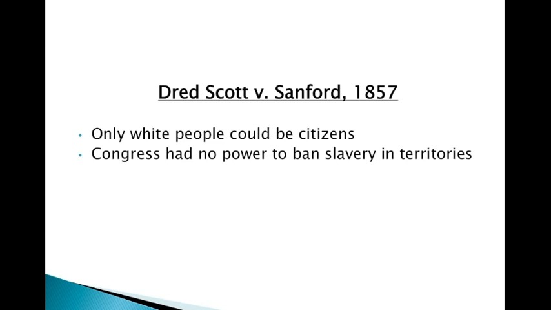The importance of this case is that it states that white persons could be citizens. No one else could be citizens. So it establishes a precedent for that. It also creates a lot of chaos with respect to these new territories, because now it says that Congress can't decide whether these territories are free or slave.